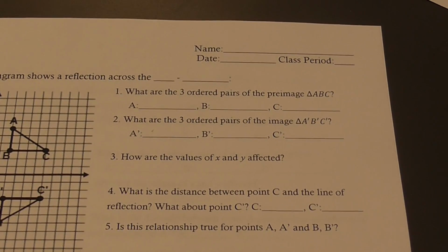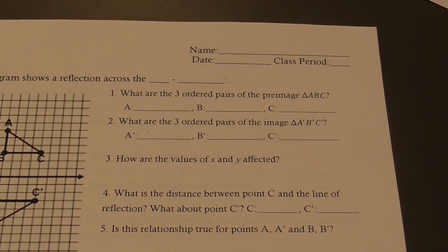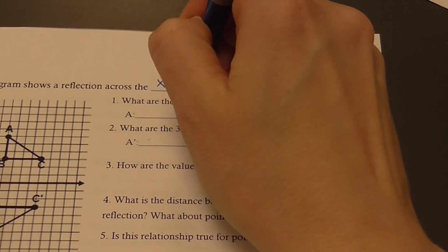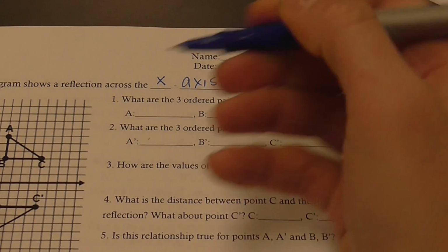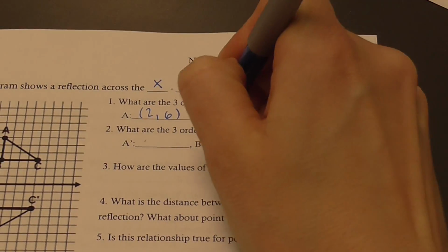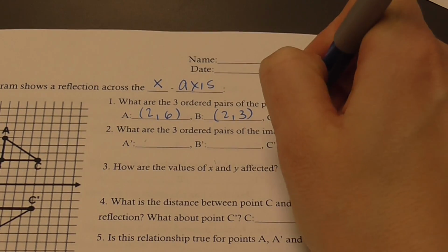Okay? So the following diagram shows a reflection across the x-axis. Okay? The ordered pairs of the pre-image are 2, 6, 2, 3, and 6, 3.